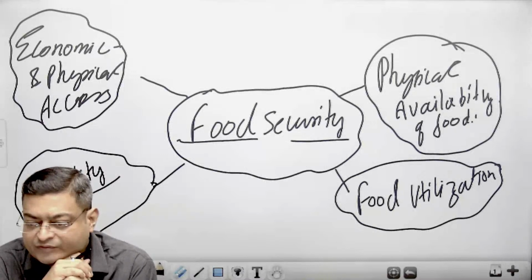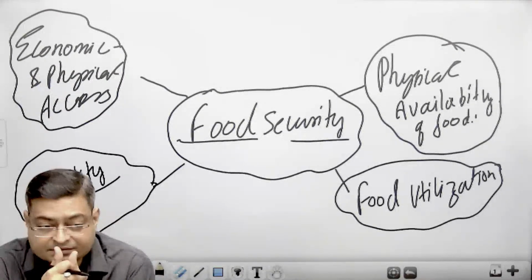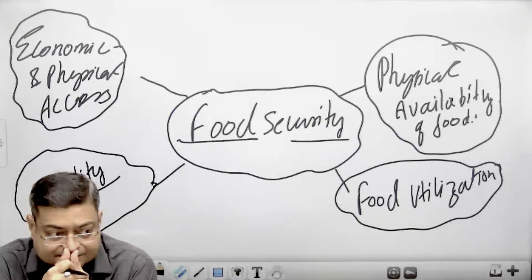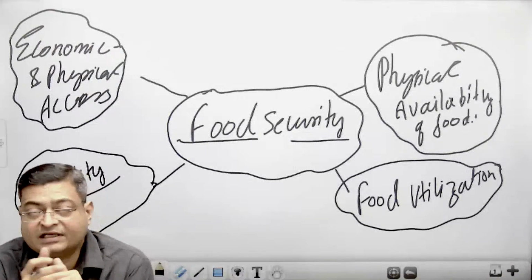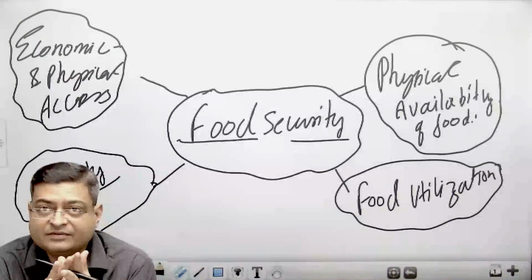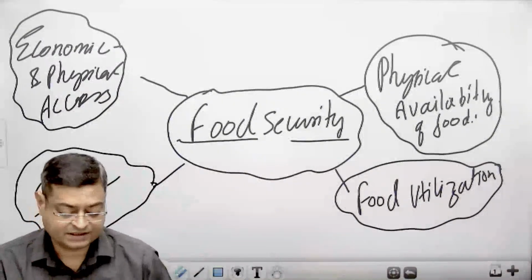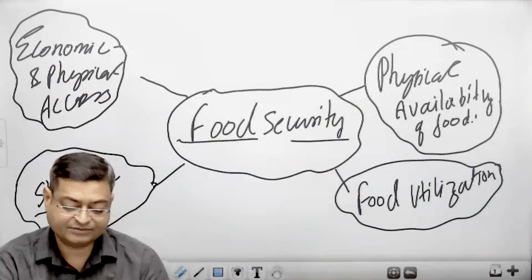And see, now you must also try to develop this ability to build flow charts. इसमें नंबर ज्यादा मिलता है. Economic and physical access, physical availability, food utilization, and stability.